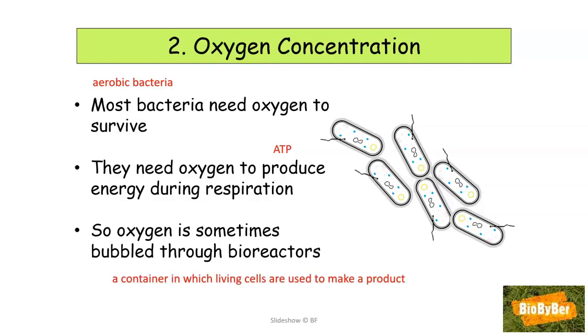This is why oxygen is sometimes bubbled through bioreactors when bacteria are being used to make a product. So for example, if aerobic bacteria are being used to make yogurt in a bioreactor, then oxygen is bubbled through the container. Don't forget, bioreactors are containers in which living cells are used to make a product. A very important definition from our previous work.